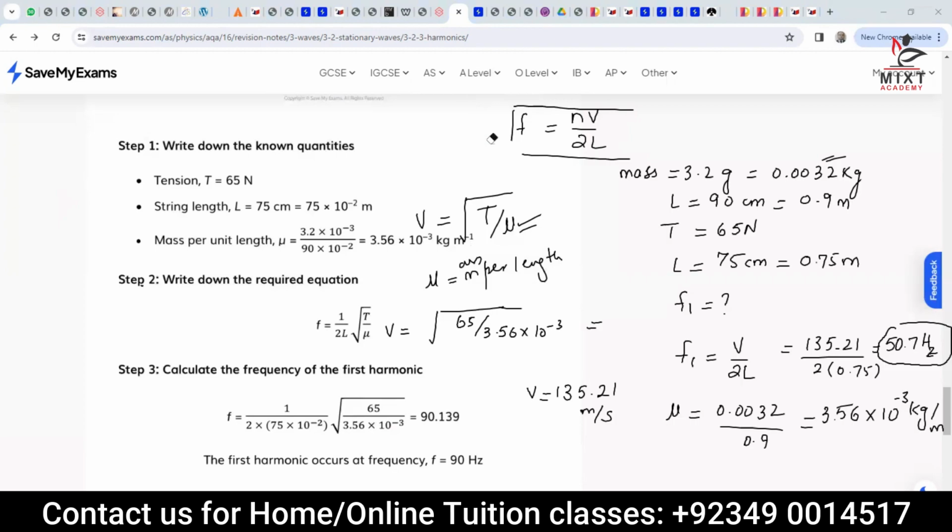Remember that these formulas apply when both ends of the string are restricted. Wave cannot pass from those two points. Then and only then you will be able to do this. Otherwise, you can't use these formulas. Then it is a bit different. Resonance is a topic which we will do together.